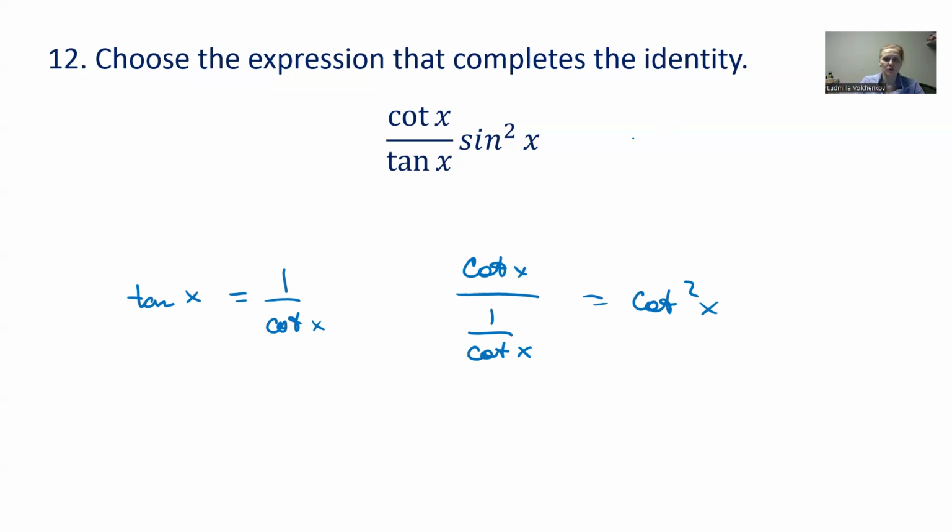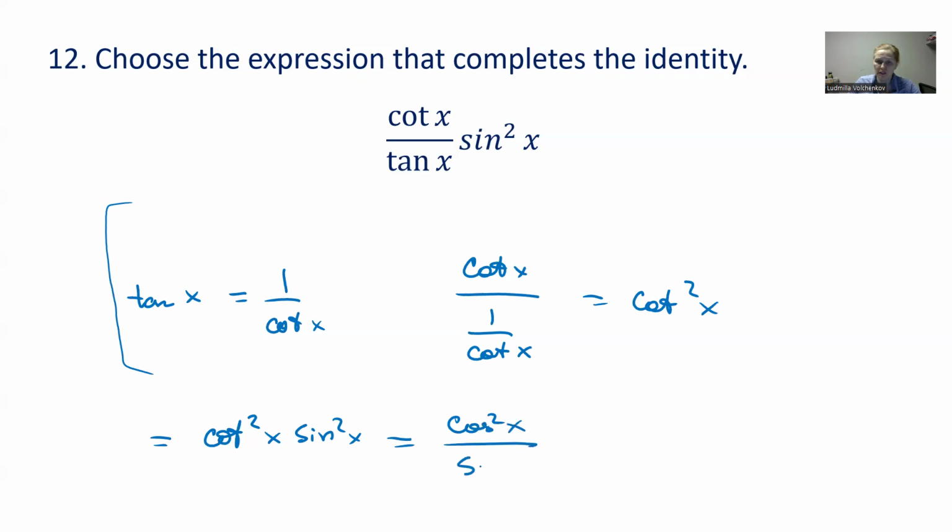The expression will be equal to cotangent squared x times sine squared x. Cotangent squared is cosine squared over sine squared times sine squared. Sine squared in the numerator and in the denominator can be cancelled out, so it equals cosine squared x.